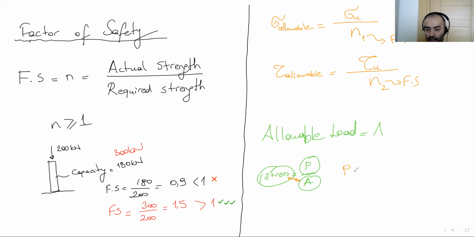So P equals stress times area. If we are dealing with allowable load, it is area times allowable stress. Allowable stress is, in Turkish, emniyet gerilmesi.